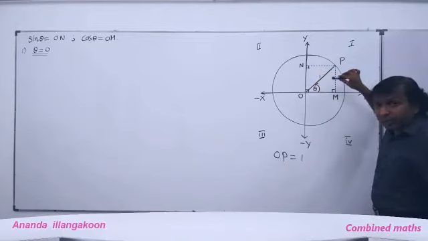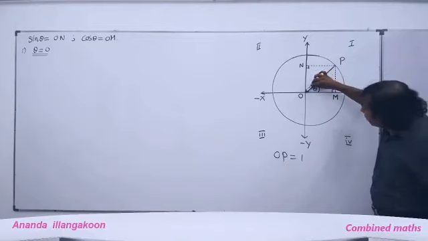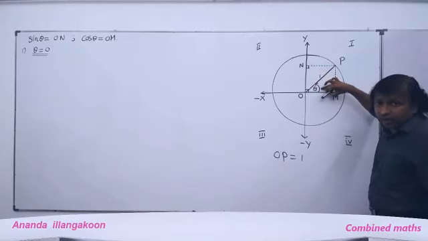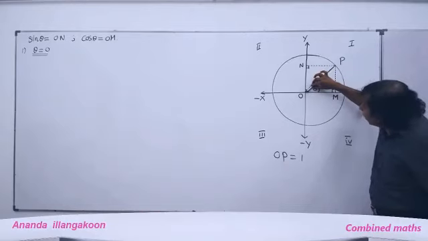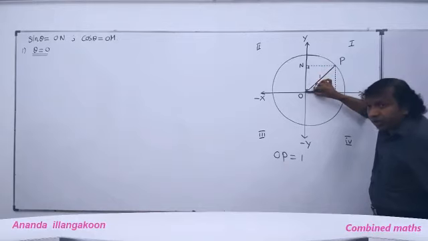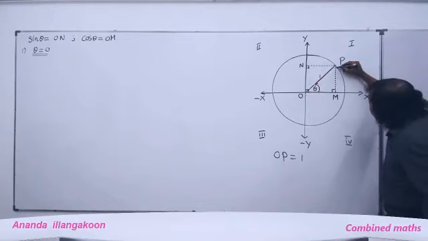Once you rotate like that, this OP line segment towards the positive x-axis, this angle will gradually come to 0. Once you rotate this OP line around this O, the point P comes along the circle this way.